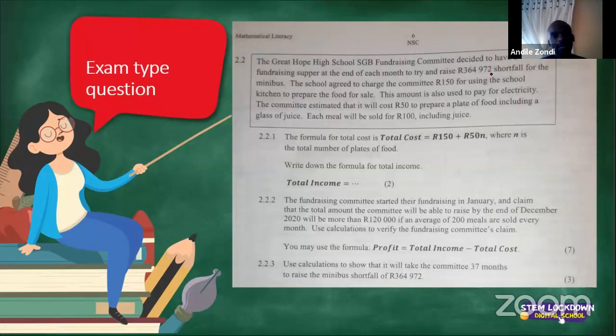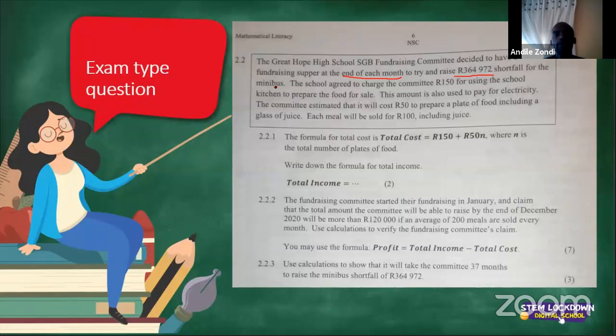Obviously, when you encounter figures, you need to underline them. In this case, this figure, the amount to be fundraised, and once a month means every month, this must be done. So you need to analyze whatever statement that you are reading, so that it will be easy for you to answer questions.